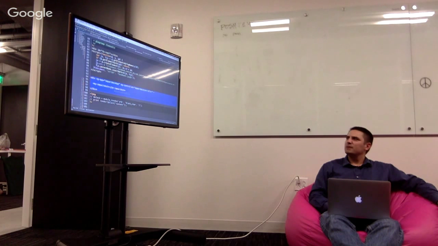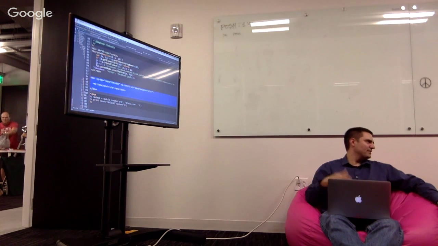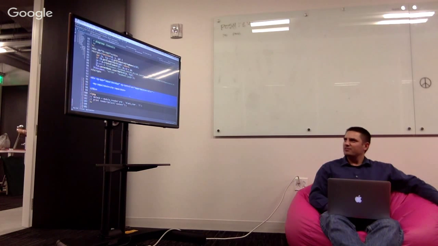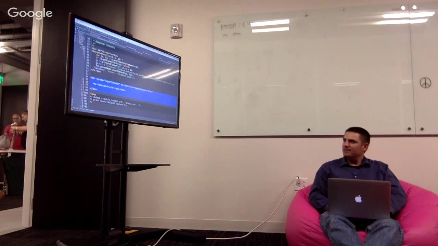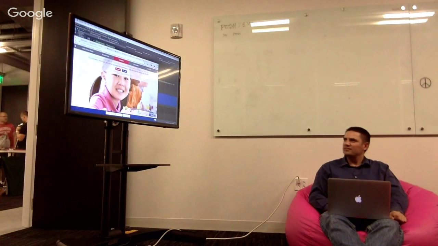But you can see by this ng app attribute and this ng controller attribute, it tells my app this is an Angular app. Go grab the JavaScript that you've created for it. And then this right here creates this whole thing, all of this and all of the interaction in the background.